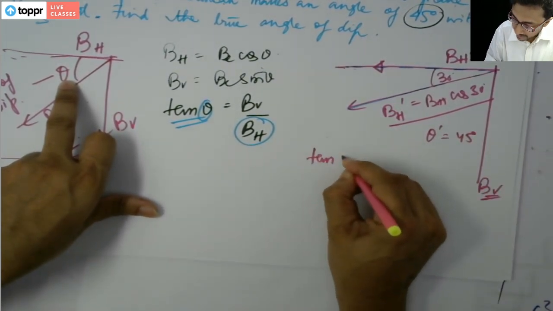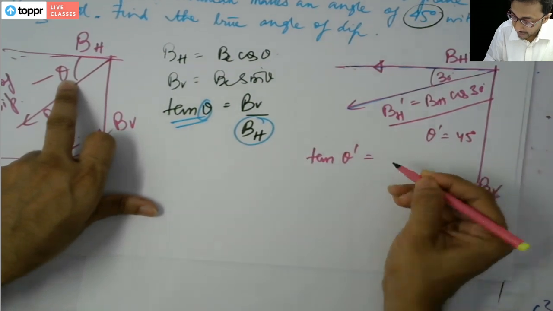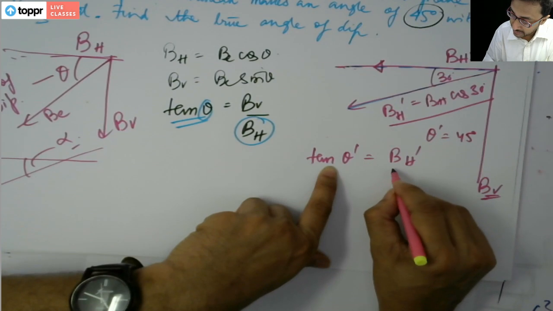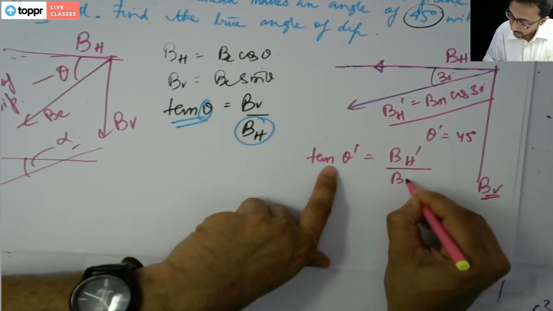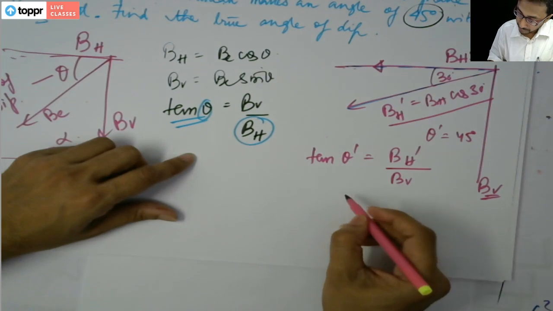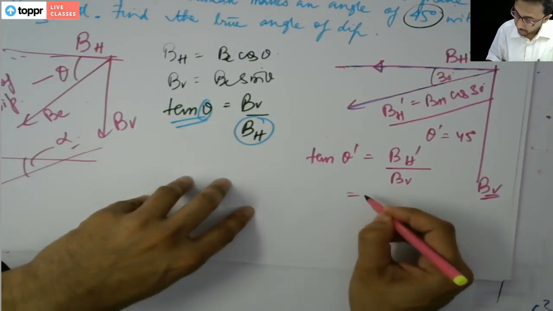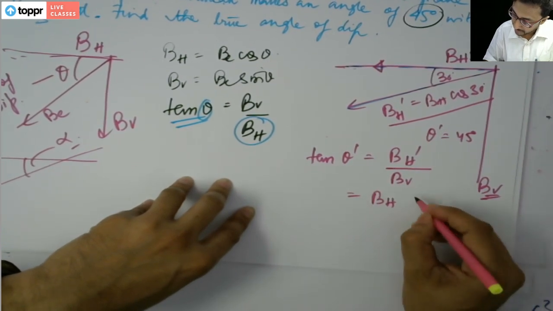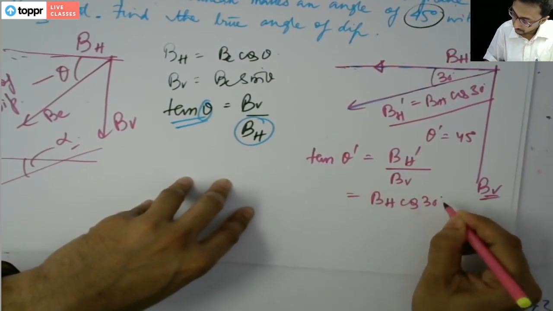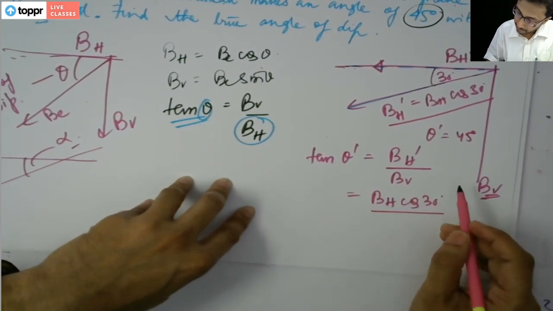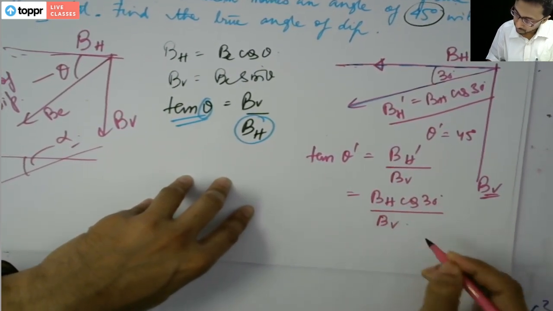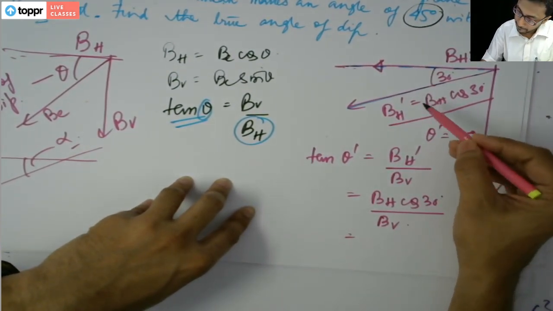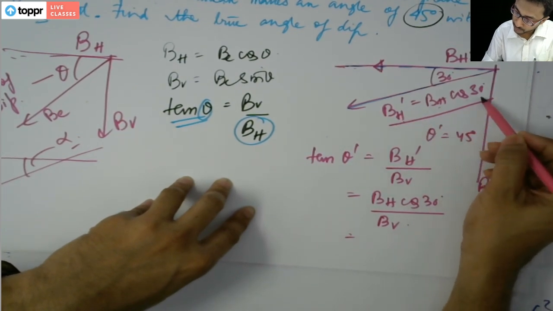So we can say tan of theta dash is BH dash by BV, and BH dash equals BH cos 30.